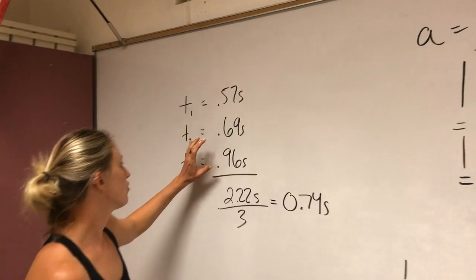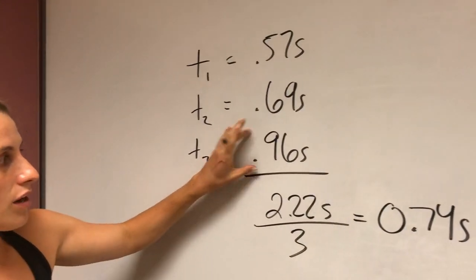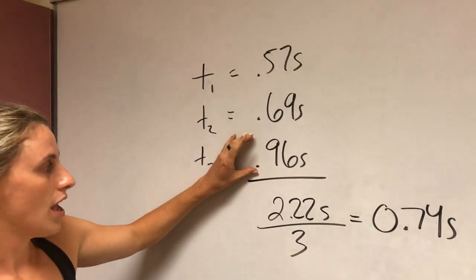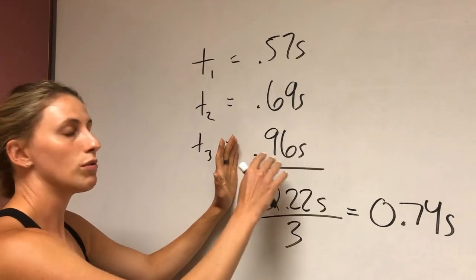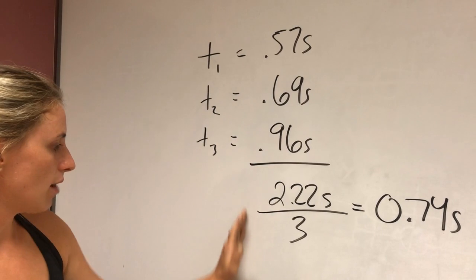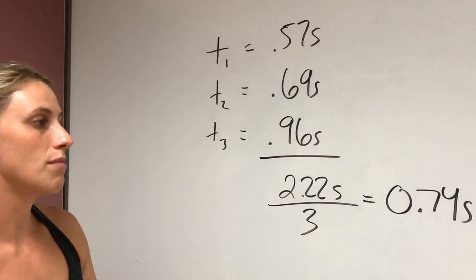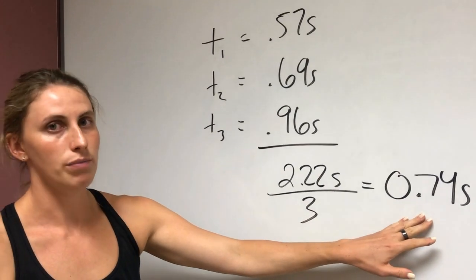So if we come back over here, you'll notice that as the trials went on, my number got a little bit bigger. This number right around here probably would have given me a number closer to -10 meters per second squared. Now, if I would have kept doing more and more trials, then I bet you this average time probably would have been a little bit better.